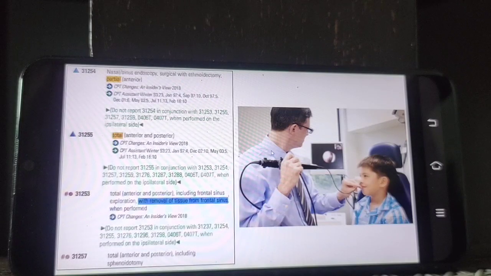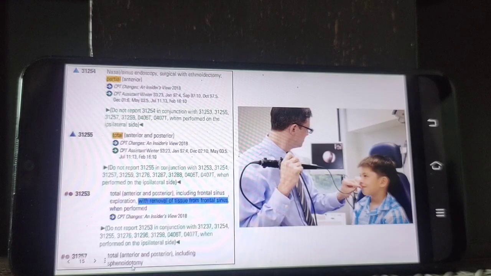So every indented code must be read from the standalone code. You can't directly read the indented code, guys. Nasal or sinus endoscopy, surgical with ethmoidectomy, total, with sphenoidotomy.